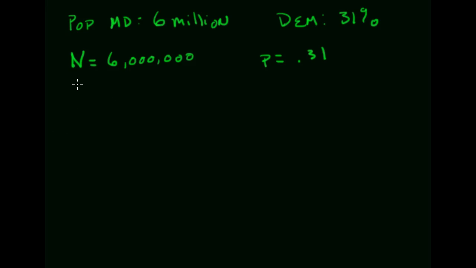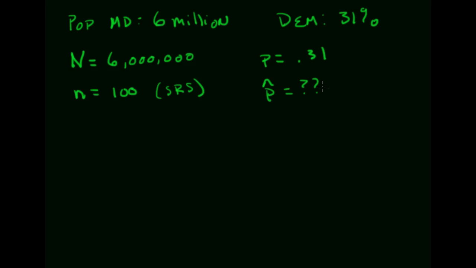All right. So I'm going to take a sample of this population. I'm going to grab 100 Marylanders at random, a simple random sample of 100 Marylanders, and I want to know the distribution of those samples.